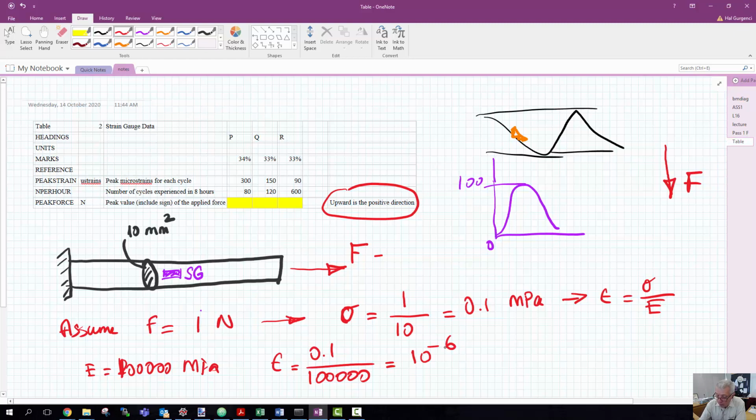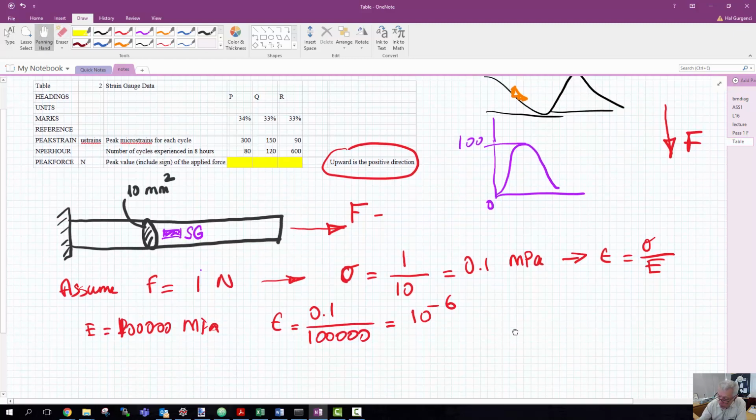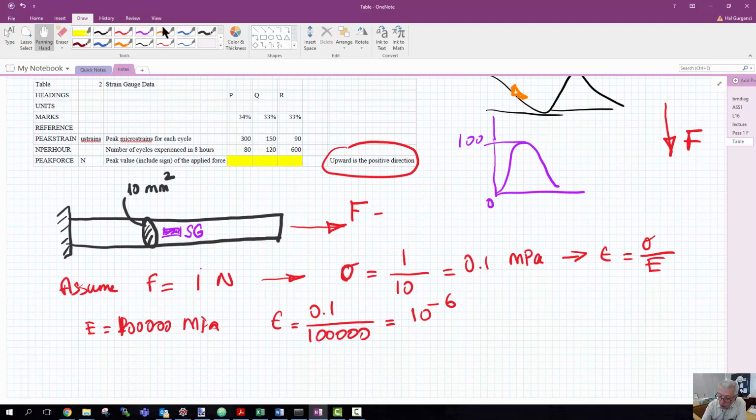So if I had a force of 1 Newton acting in that direction, I would get an epsilon of 1 microstrain, or 10 to the minus 6. So this one is for F equal to 1 Newton.